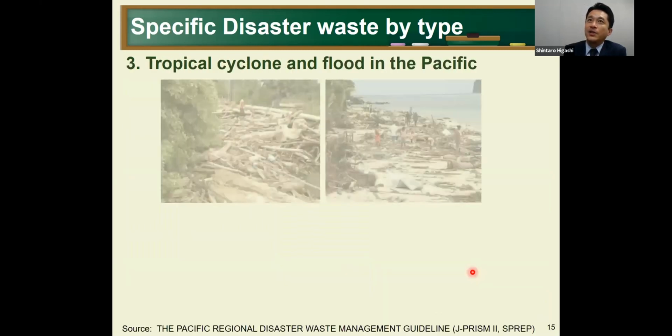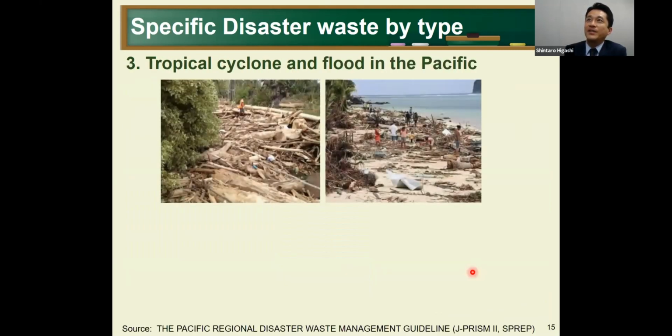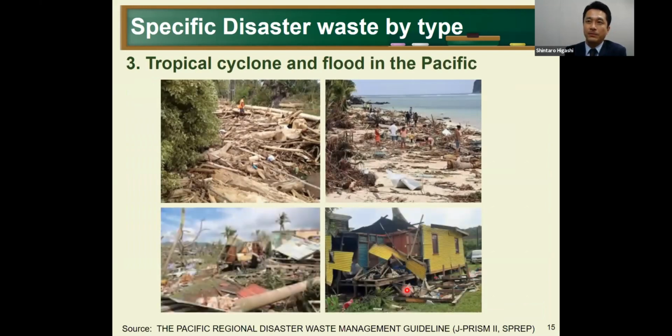This shows tropical cyclone and flood in the Pacific. Well, that's so familiar. In fact, Pacific Island countries are very much developing islands, and most of the main cities are located in coastal areas as well.